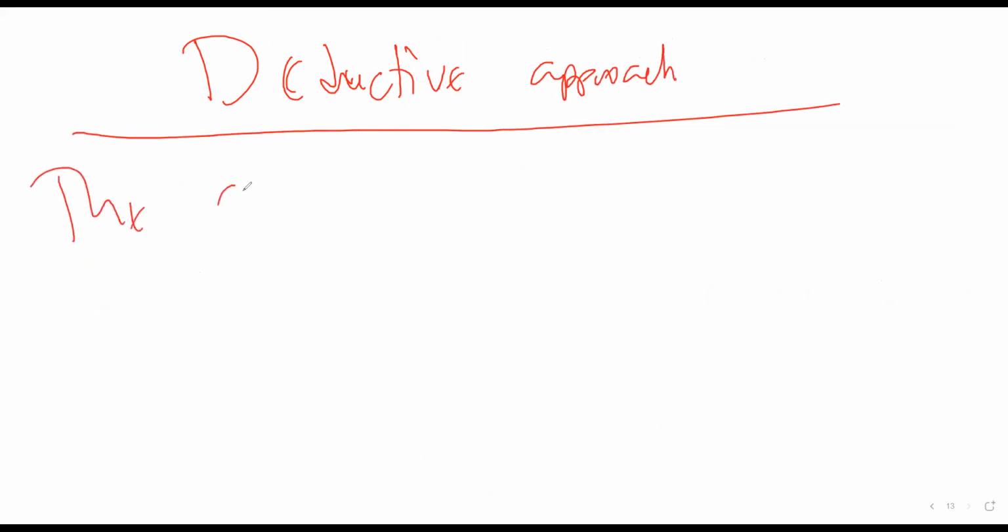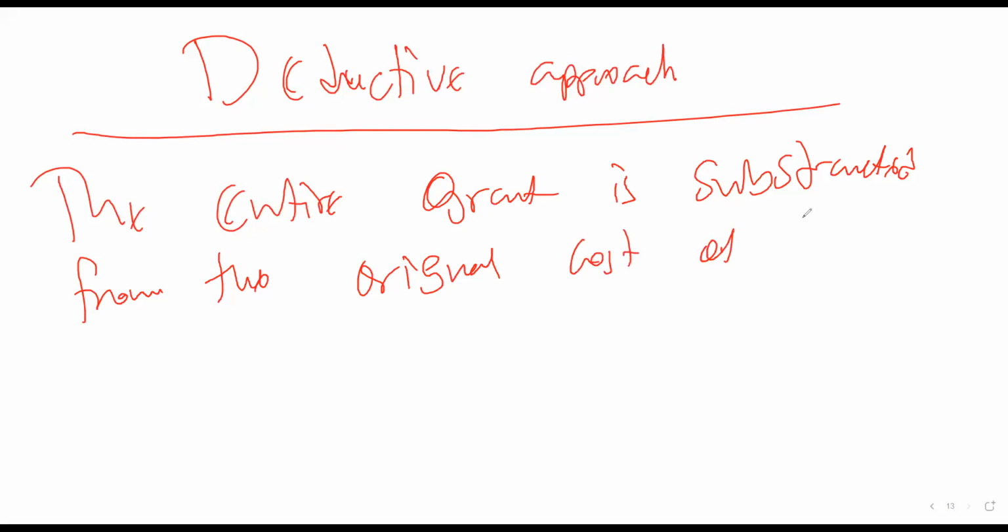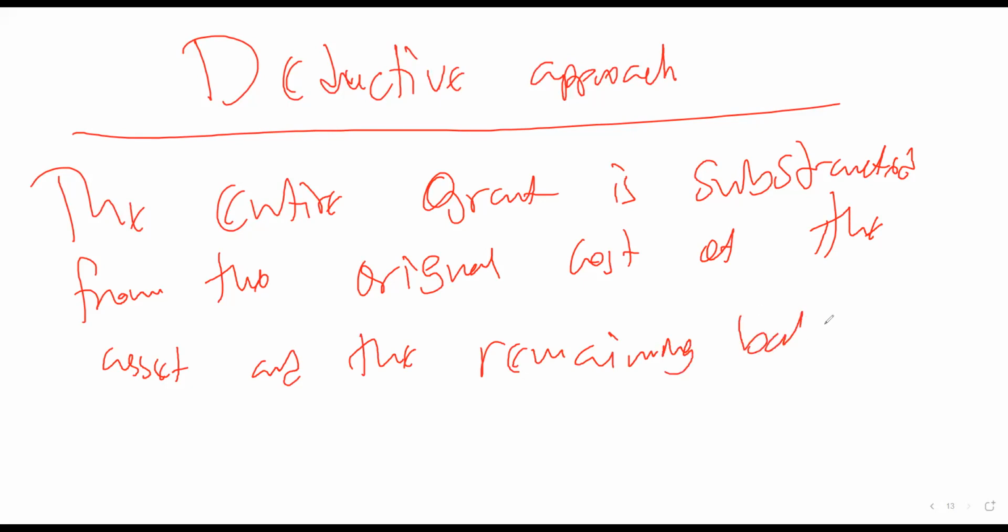Here the entire grant is subtracted from the original cost of the asset, and the remaining balance is depreciated. That's all.